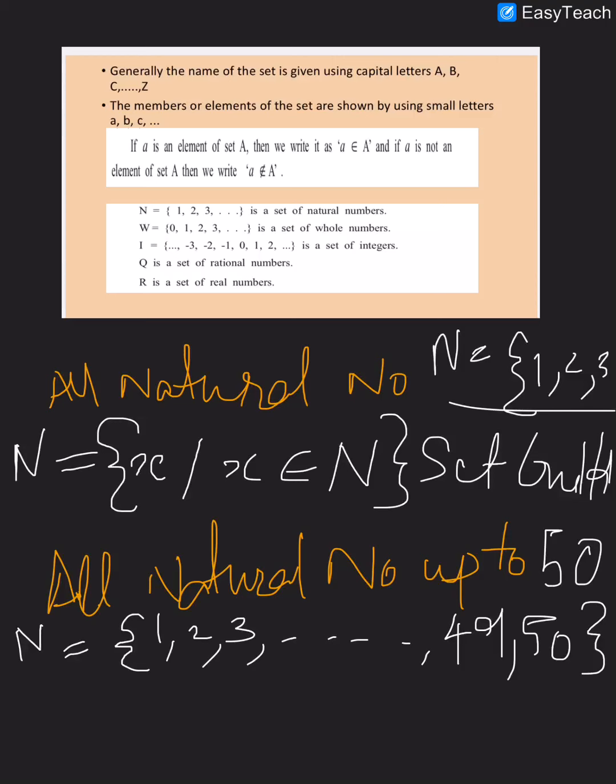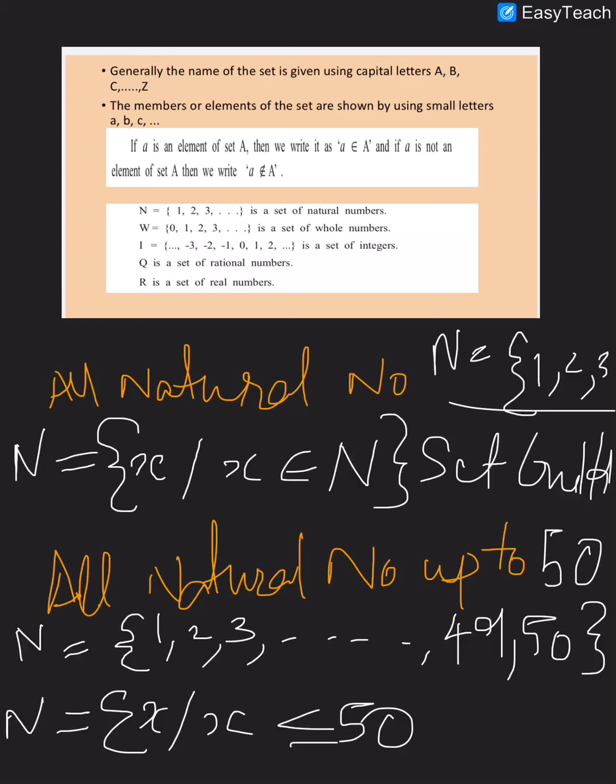Now we see how to write it using the set builder method, the second method, using x such that x is less than or equal to 50. Less than or equal to means all the numbers which are less than 50 and also 50 itself, so 50 is included.